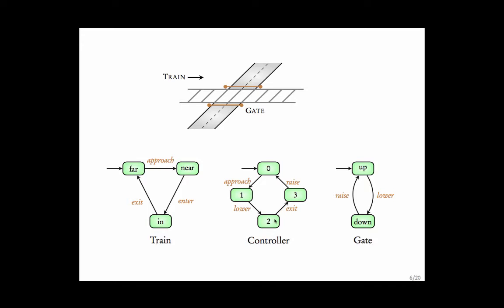And then when the controller receives the exit signal from the train, it will raise the gate back. And this is the model of the gate. Initially it's up, if it receives the signal lower from the controller, it will go down. When it receives the signal raise, it will go up. So this is the usual transition system that we have been seeing so far.